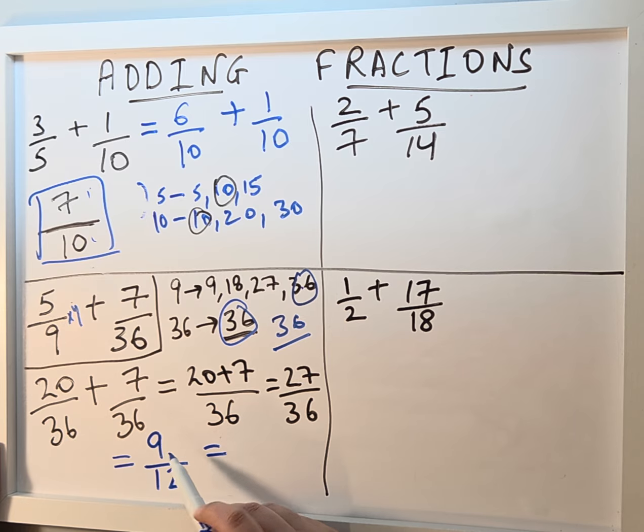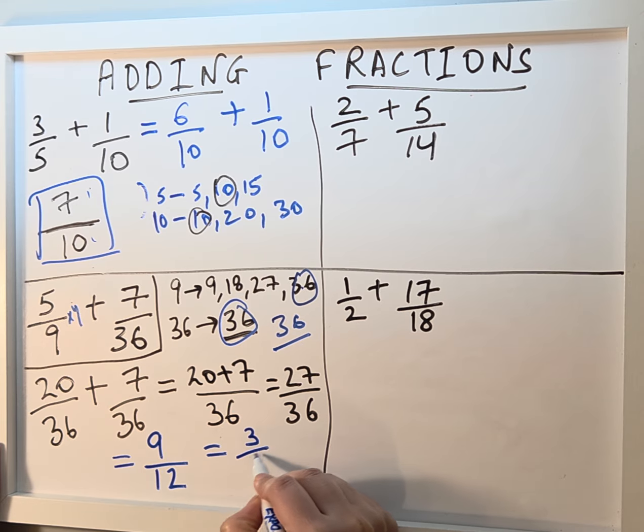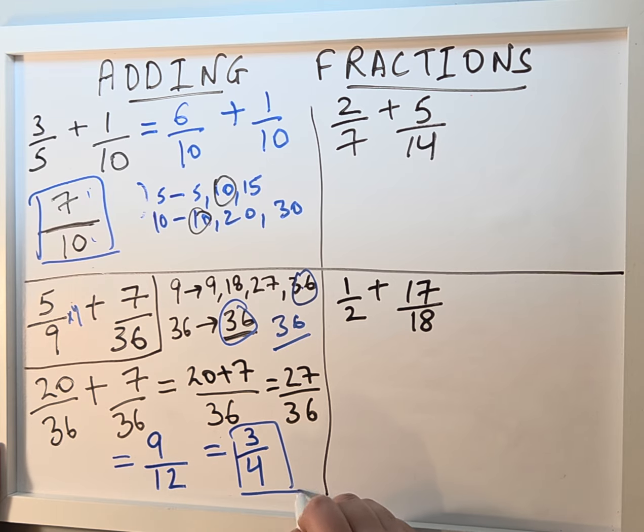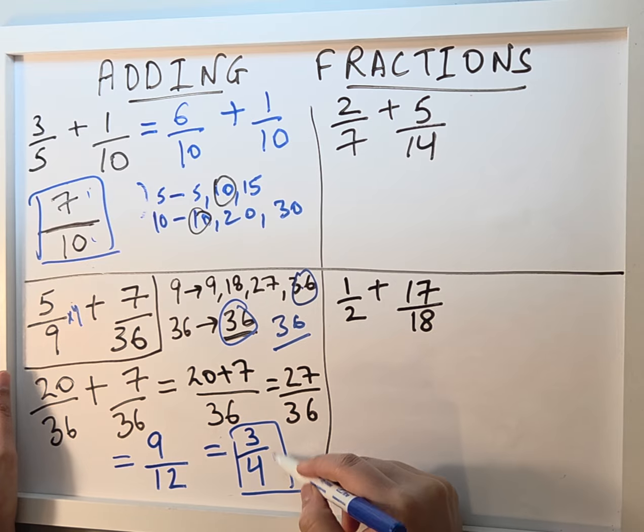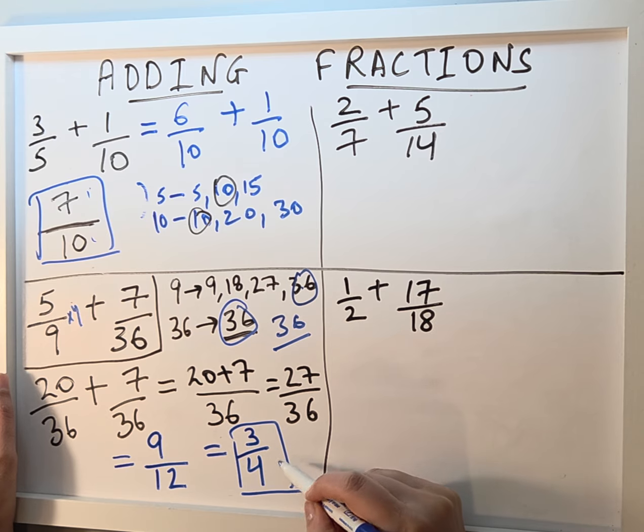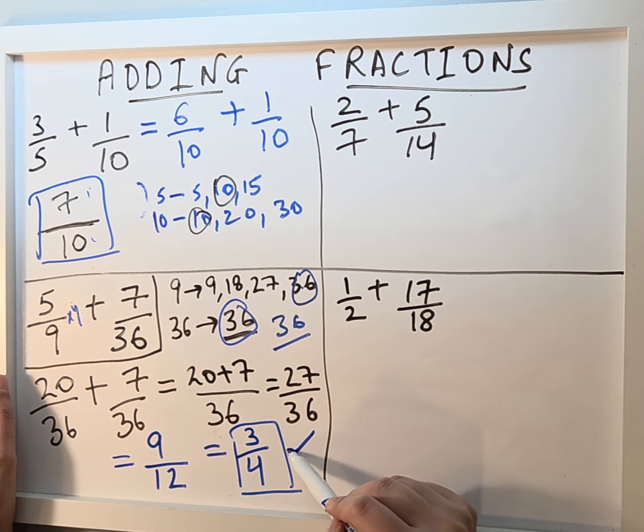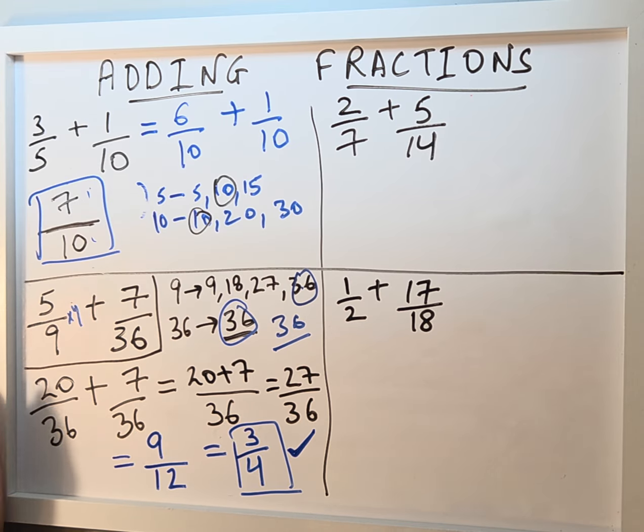Now again, 9 and 12 also come in the table of 3. 3 3s are 9 and 3 4s are 12. So we cannot reduce it further because 3 and 4 don't have a common divisor other than 1. So we'll leave it as is. This is our final answer in the simplest form.